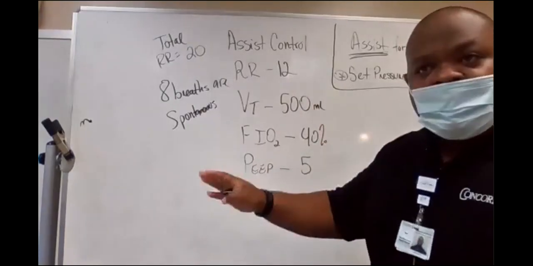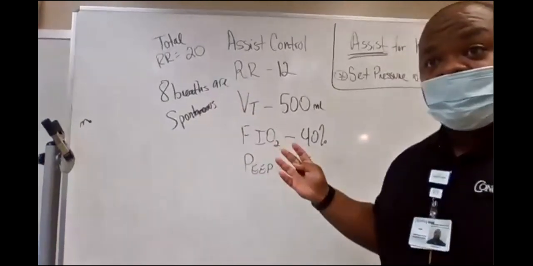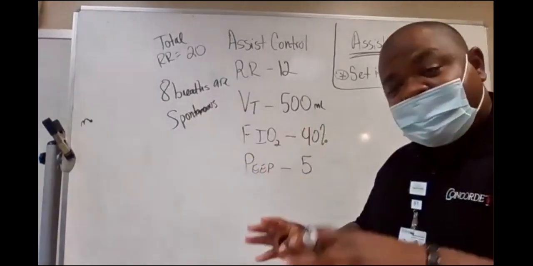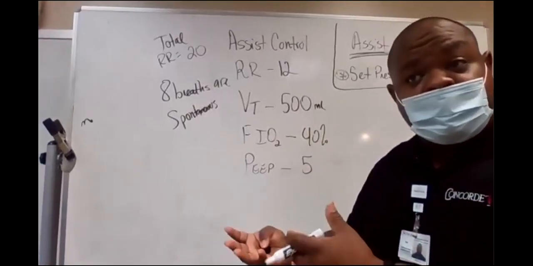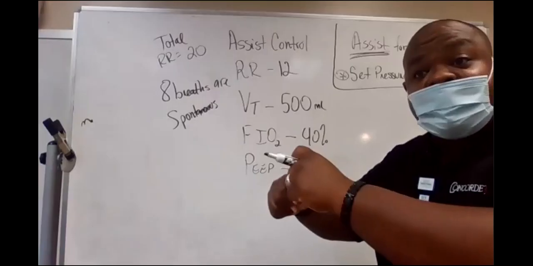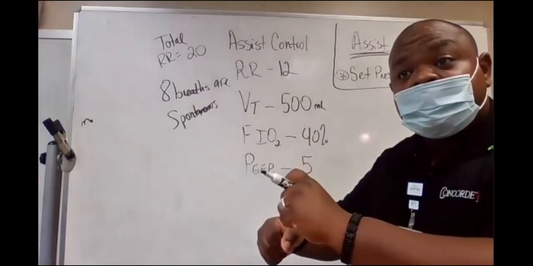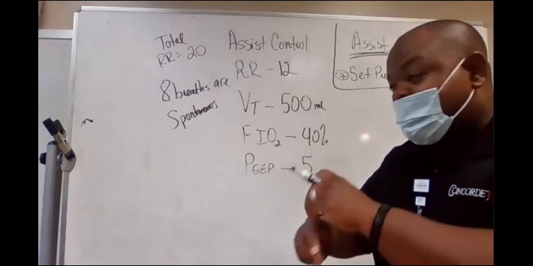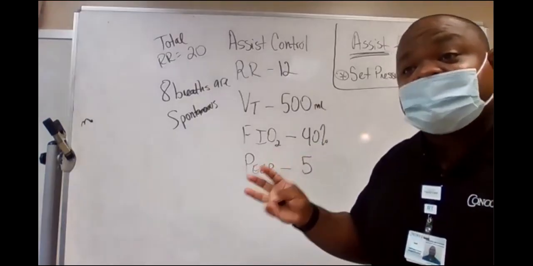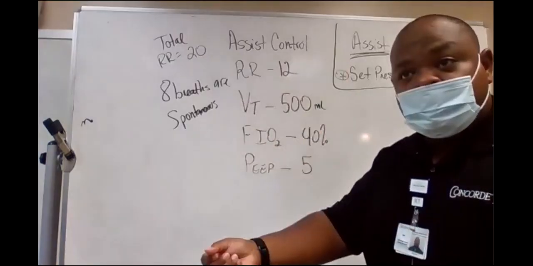And we have other modes that we go to before we take it off, okay? We will go down to maybe SIMV, right? Then we go down to just spontaneous where we give a little pressure support. After they do that for a while, we take it off and put on a what? T-piece, right? We do T-piece trials, right?